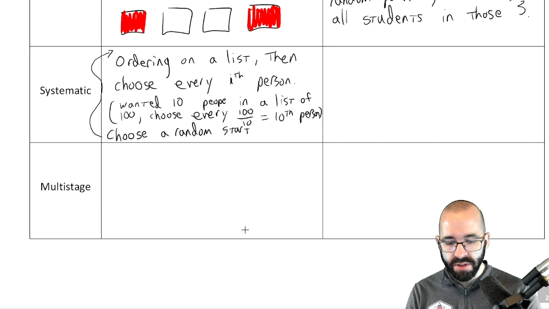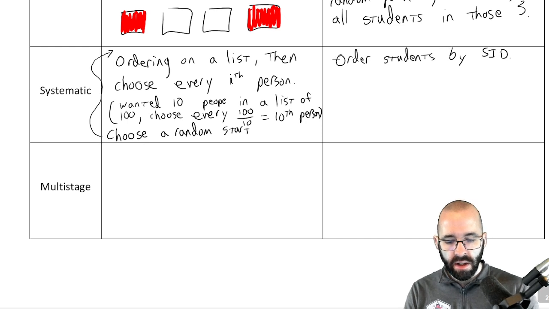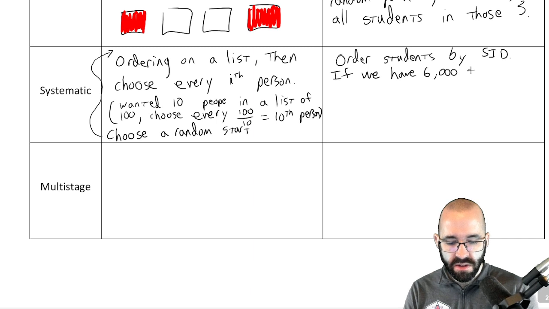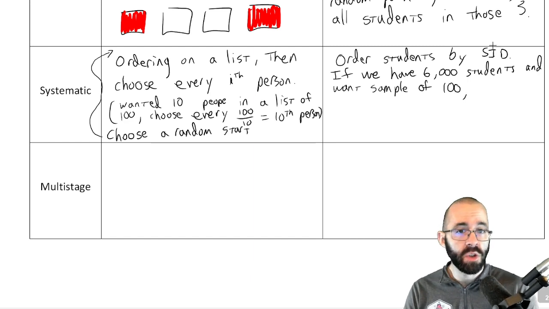So for our students, we could order students by student ID, whatever your student ID number is. And then let's say we have 6,000 students and want a sample of 100 of them, we'd choose every 60th.